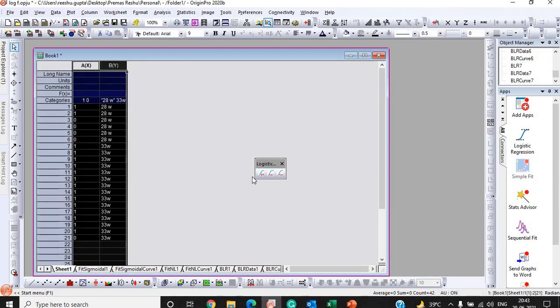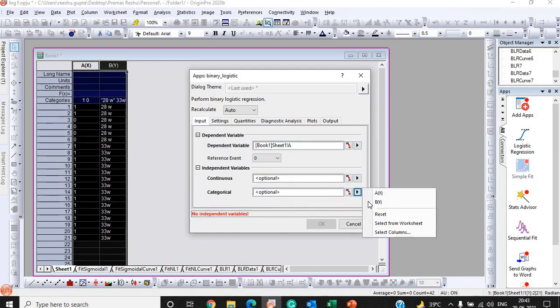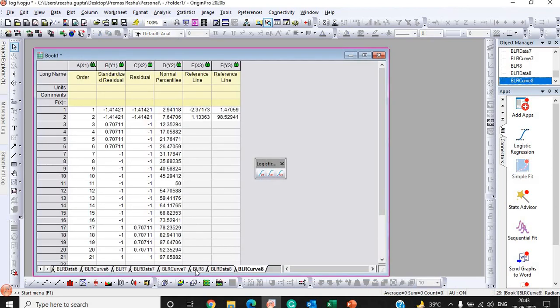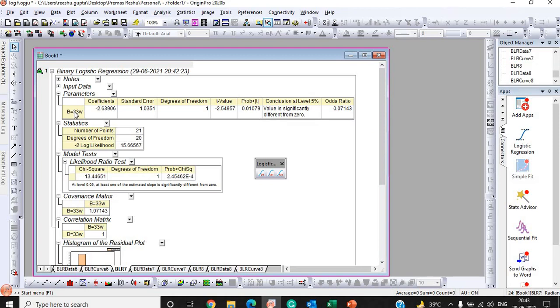We can do it the other way around as well. We can just do the logistic regression, and here we can change to 33 weeks and the reference event is 0. Here you will see the odds ratio increases, meaning when the gestational age of a child is 28 weeks, the chance of the child having no breastfeeding is quite high, which is 2. When we give the reference as 28 weeks, it is calculating for the 33 weeks gestational age.